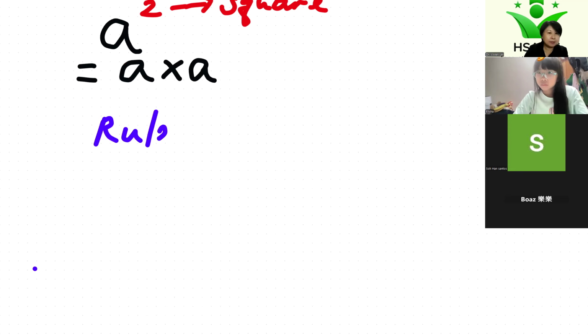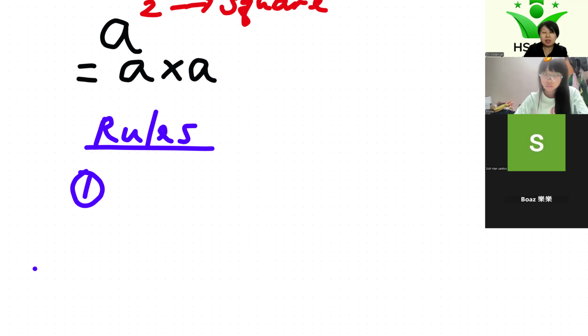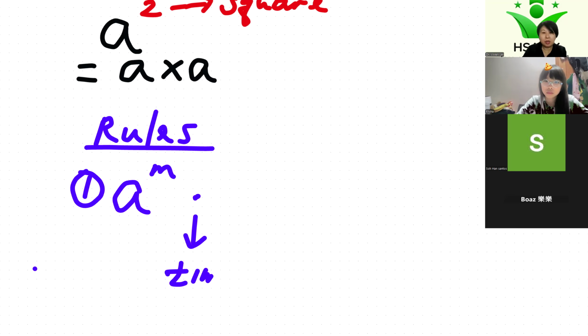We have a to the m power times, this little dot means times, a little dot in the middle, a to the m power, a to the n power. Times, you have the same base, but your index is different. Times means add.